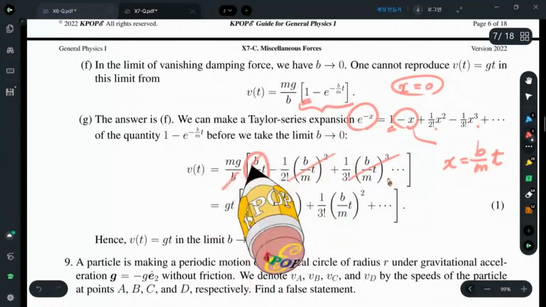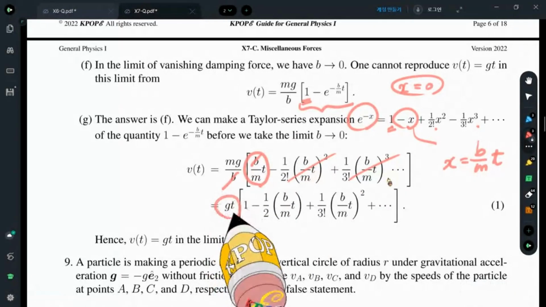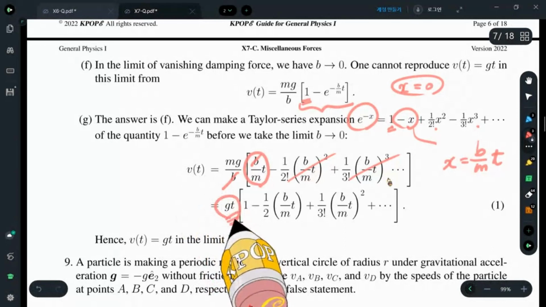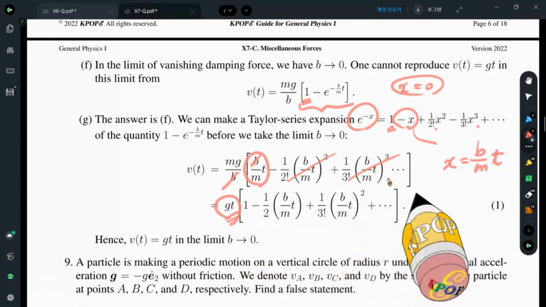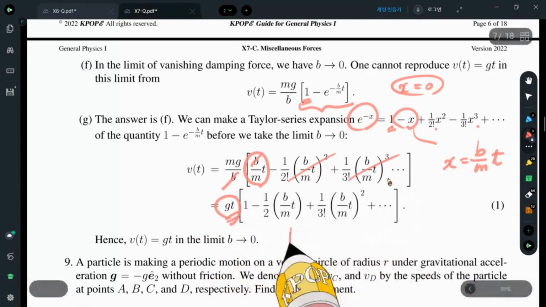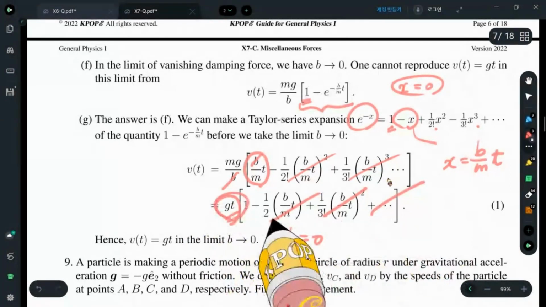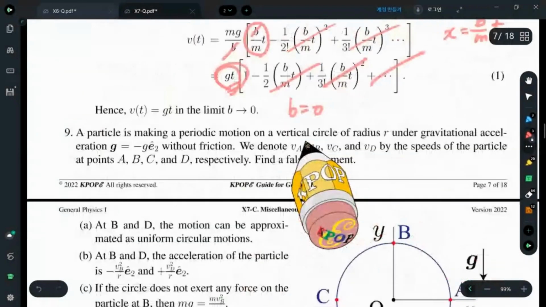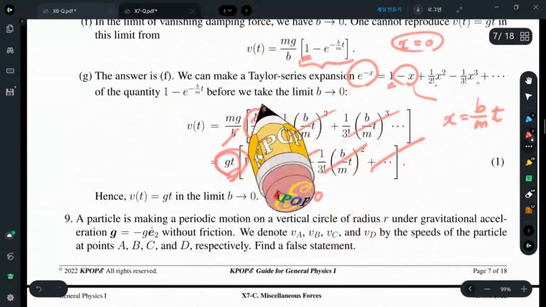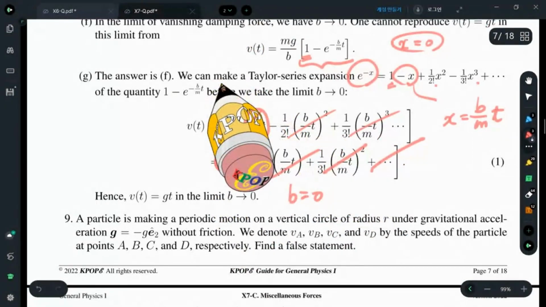You will find the b's cancel, and you exactly reproduce v equals g t, that is a constant acceleration due to gravitational acceleration. Now it is free to substitute b equals 0 in every term, so your solution has a correspondence with free falling without friction.